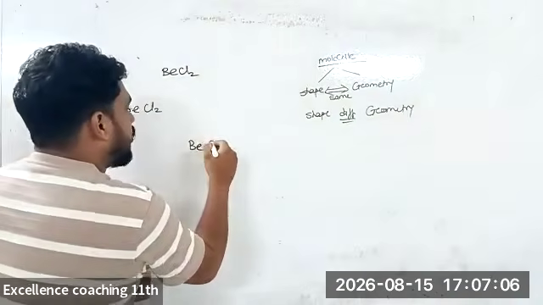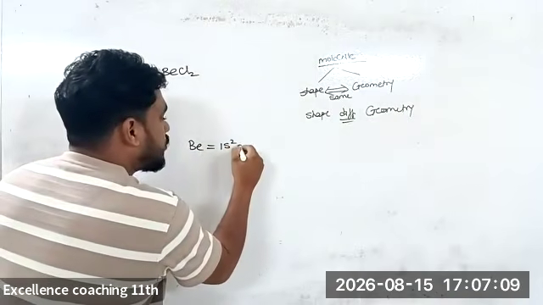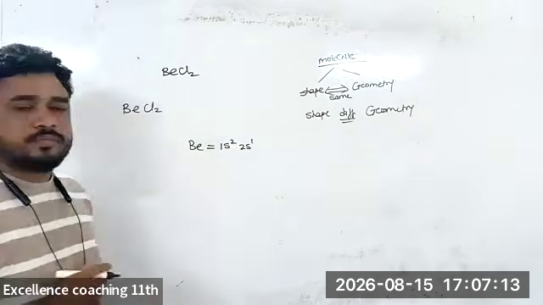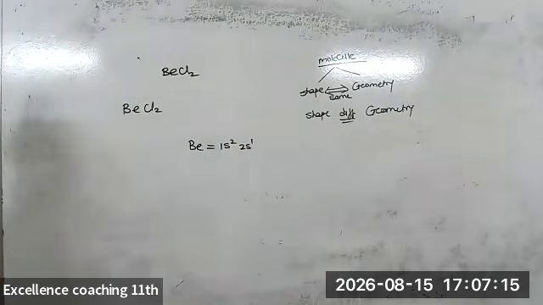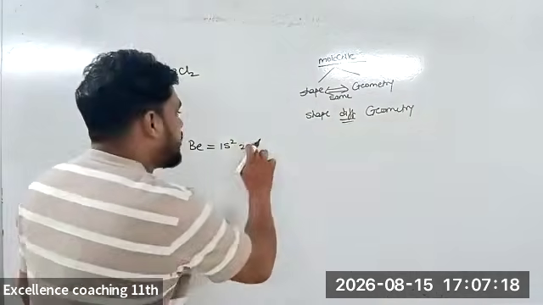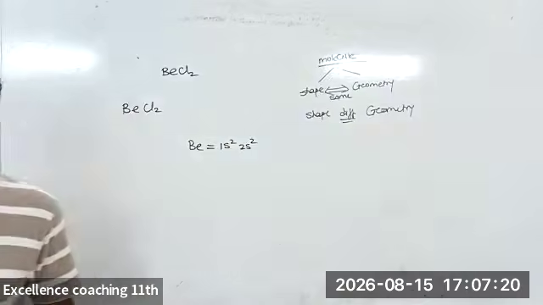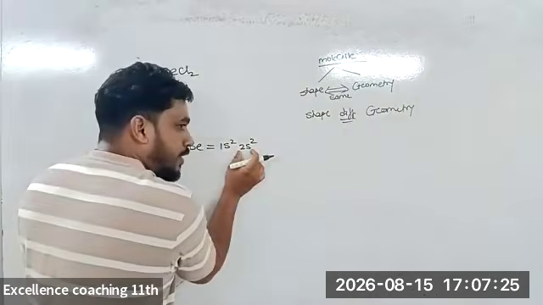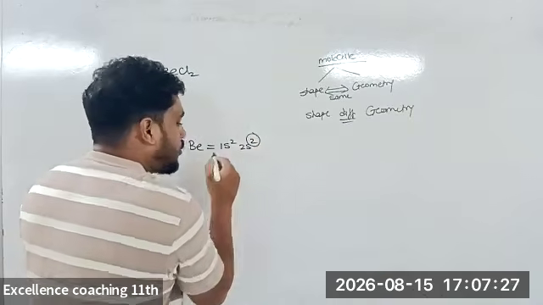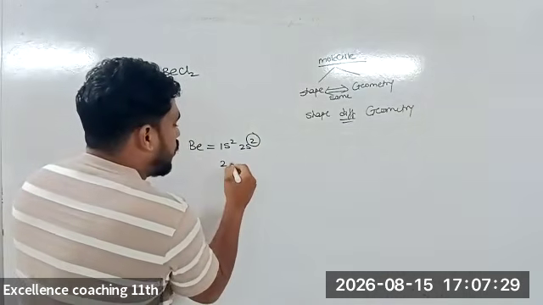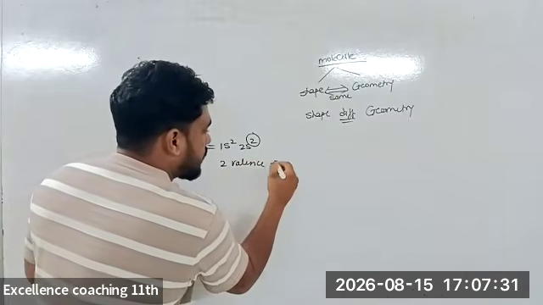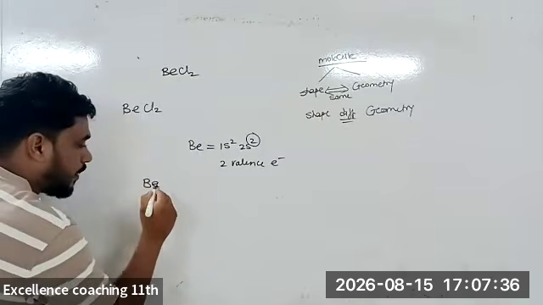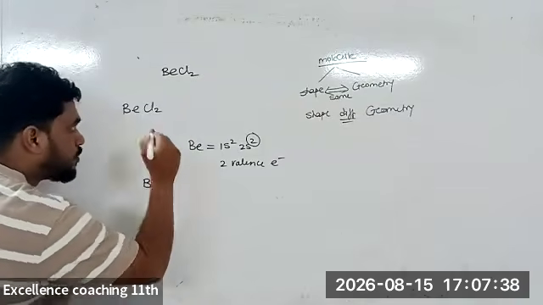Now the beryllium electronic configuration is 1s2 2s2. The outermost shell is the valence shell. How many electrons are there? 2 valence electrons. So beryllium will make 2 bonds with whom?